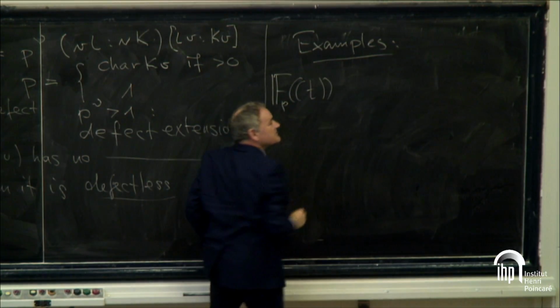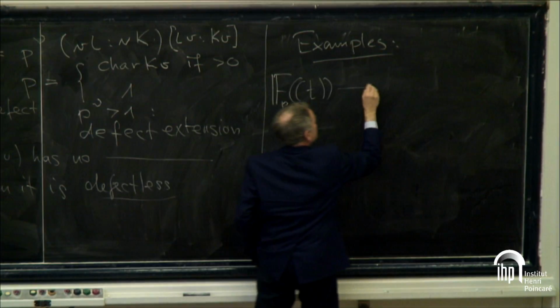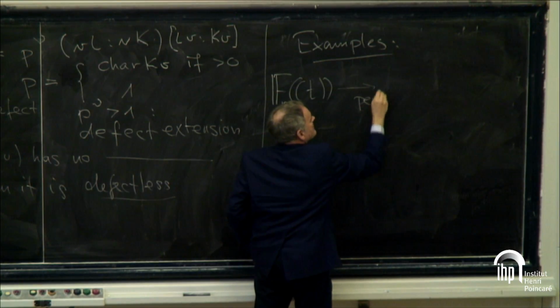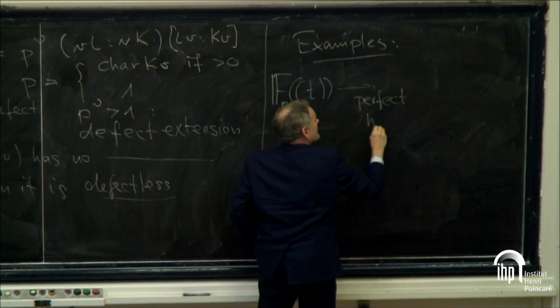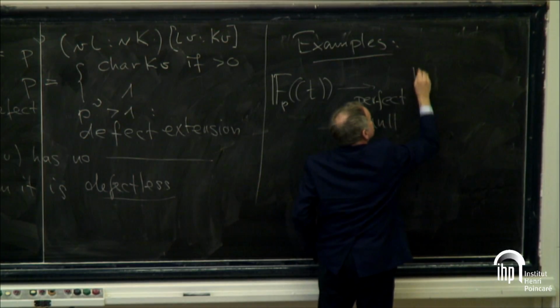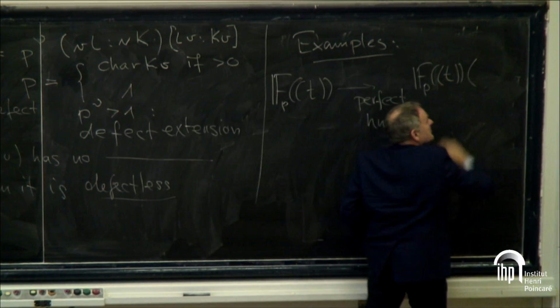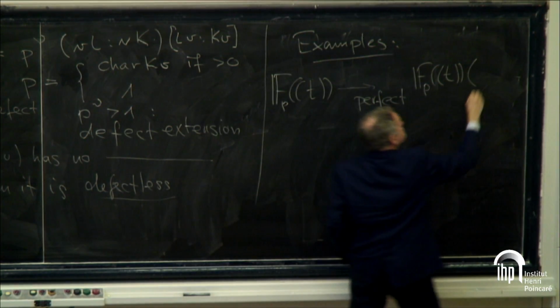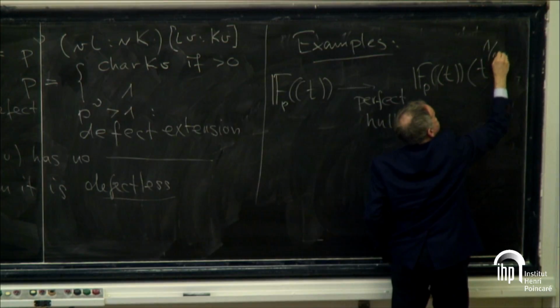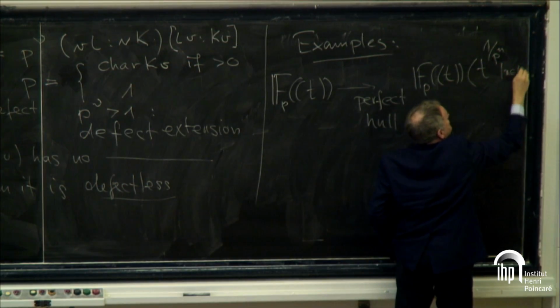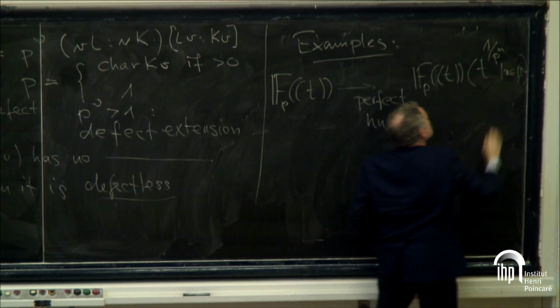You go to the perfect hull, which is just this, and you join the p to the nth roots of t, where n runs through all natural numbers.